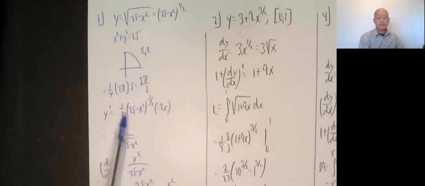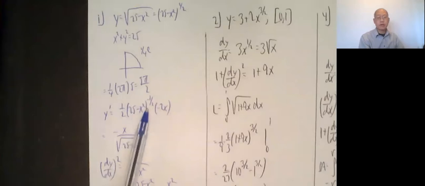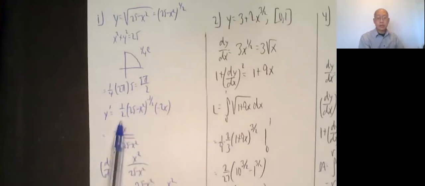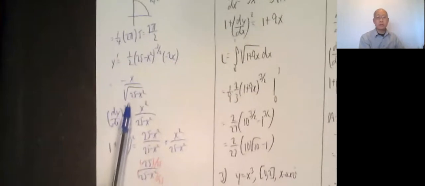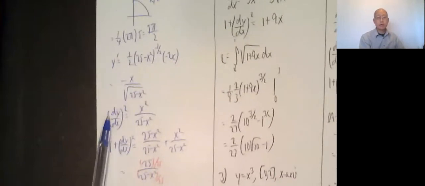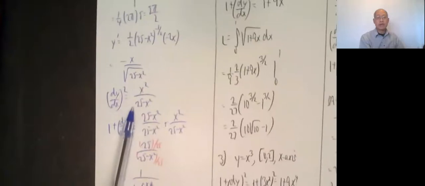Y prime is 1/2, 25 minus x squared to the negative 1/2 times the derivative of the inside, which is negative 2x. That 2 cancels that 2, so I have negative x over radical 25 minus x squared. So that's dy dx. If I square it, I get x squared over 25 minus x squared. By formula, I add 1.